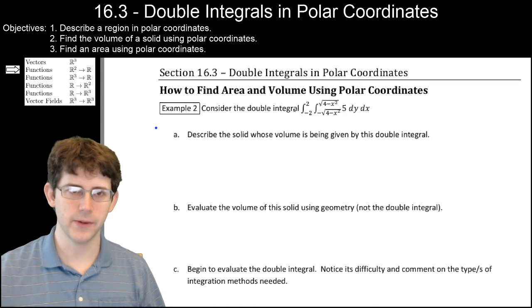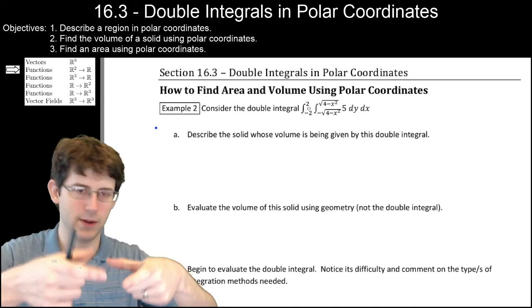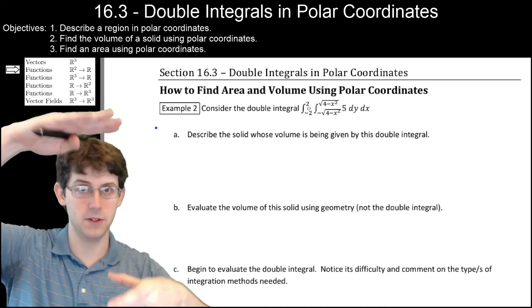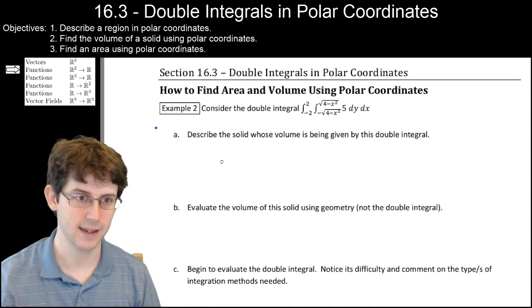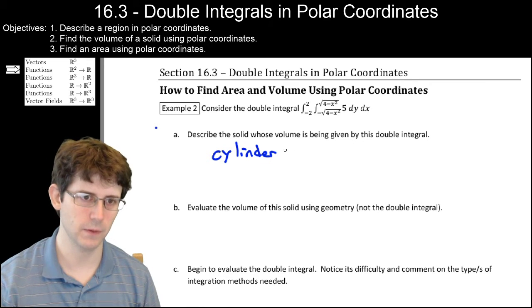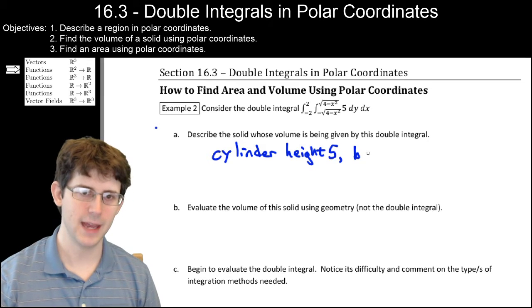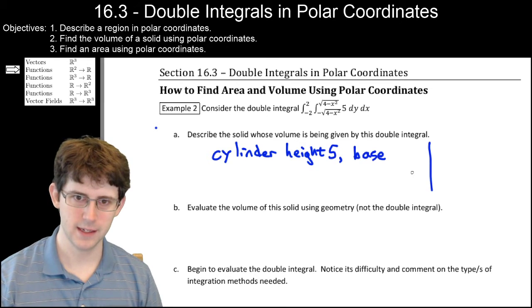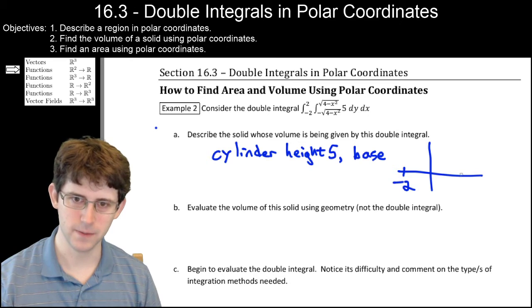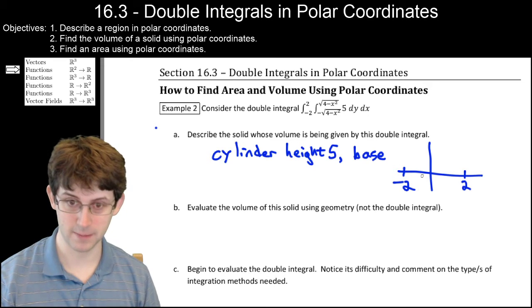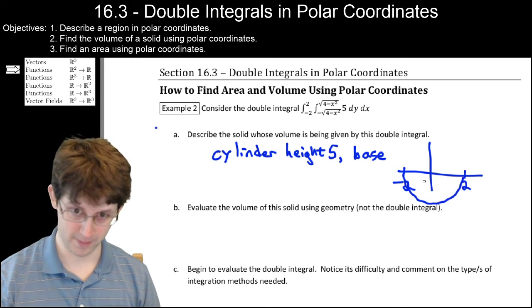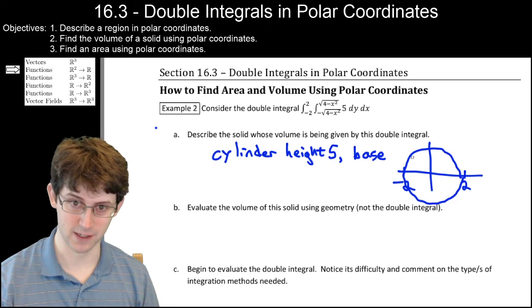Okay, so what's going on here? Well, there's some region in the xy plane, and then above it is just 5 units of height. So we've got a solid that's a cylinder with height 5. And the base is, well, x goes from -2 to 2, and y goes from the bottom half of a circle to the top half of a circle.